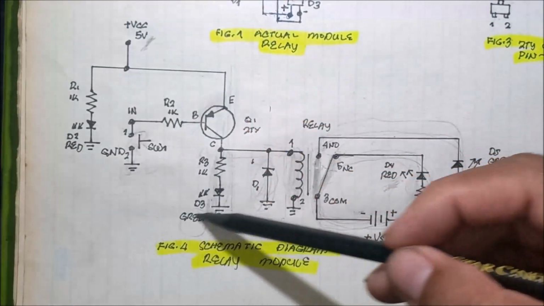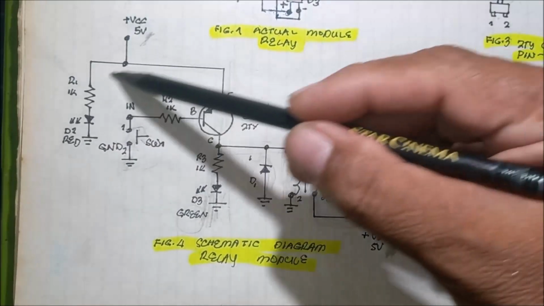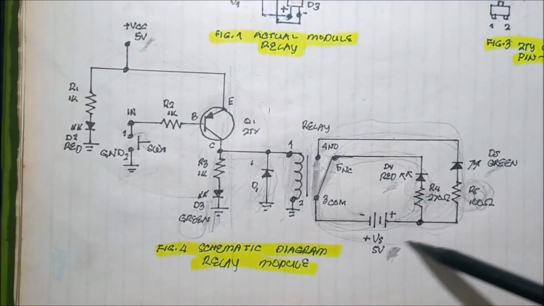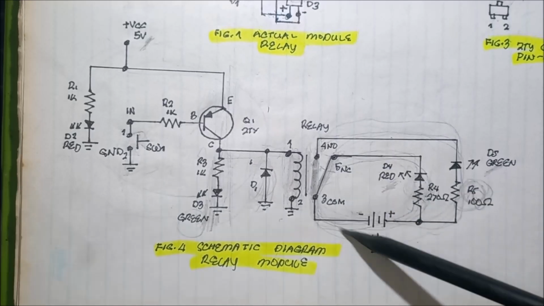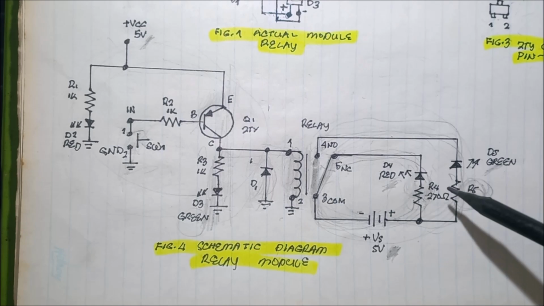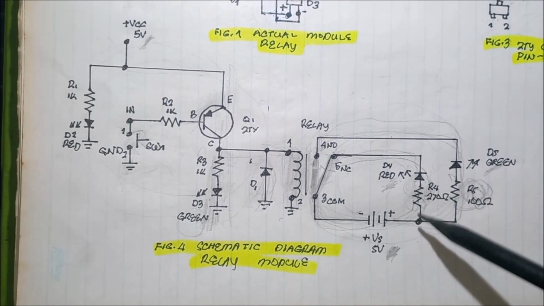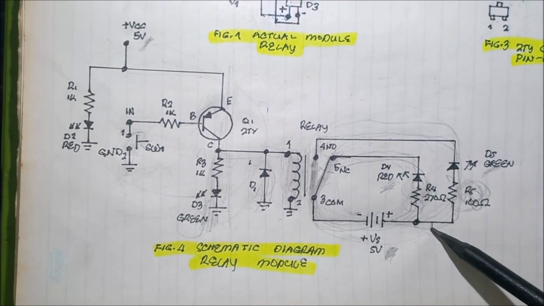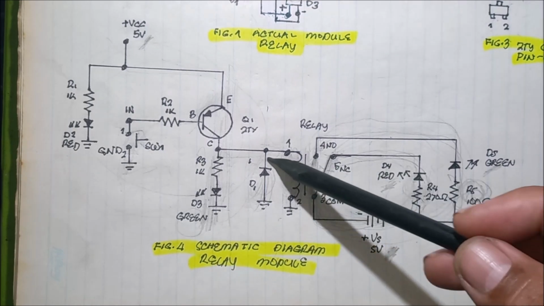So this part is the control side. This one is the high side, or the output side, or the load side. We can also use a different voltage here. We can use a 220 volt lamp.